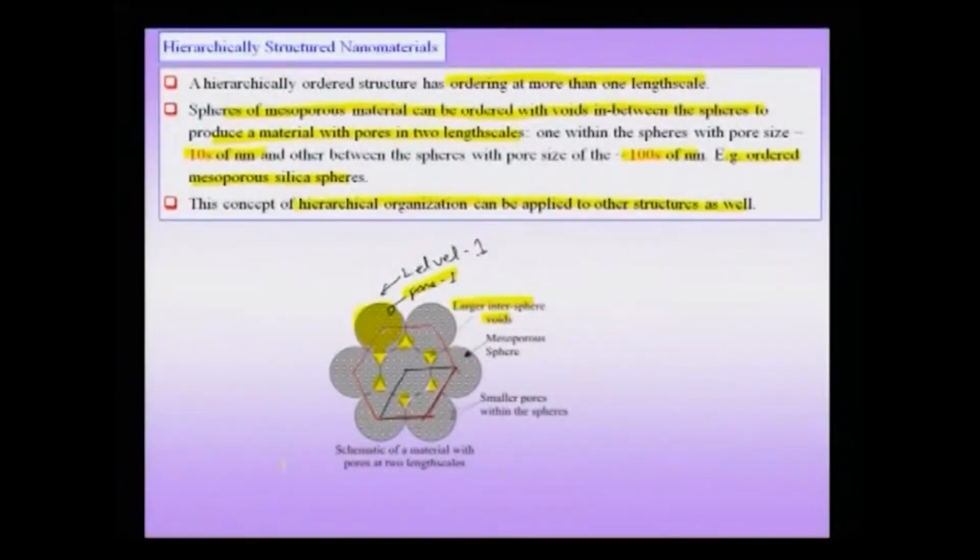In this particular example, we are using silica nanospheres which have pores, and these pores reside within silica nanospheres, which themselves are ordered to give pores at two length scales, the smaller pores and the larger pores. Therefore, this is a nice example of hierarchically structured porous materials.